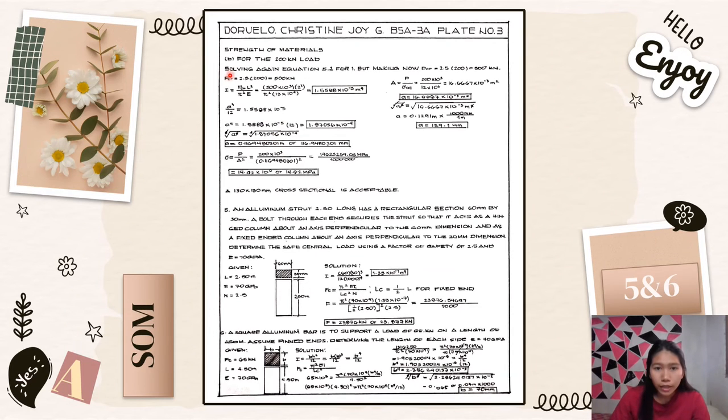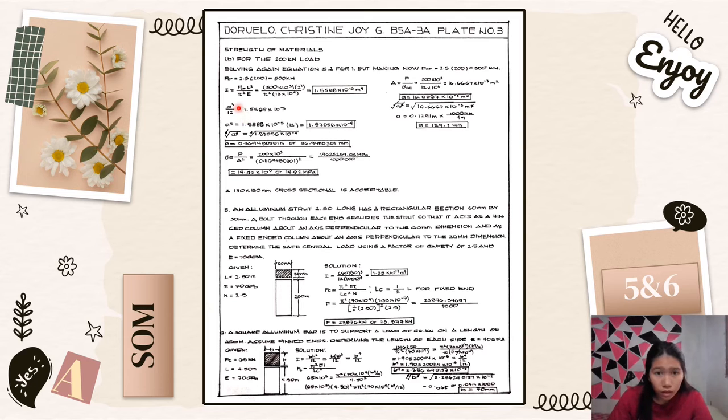So for letter B, for the 200 kilonewton load, solving again equation 5.2 for I, but making now Pcr is equal to 2.5 times 200 is equal to 500 kilonewton.